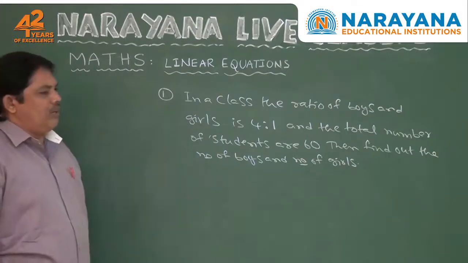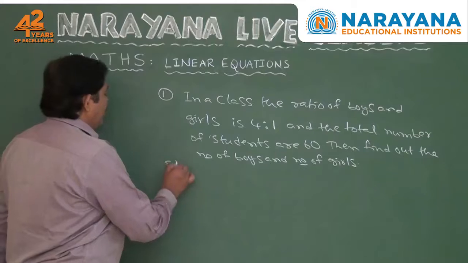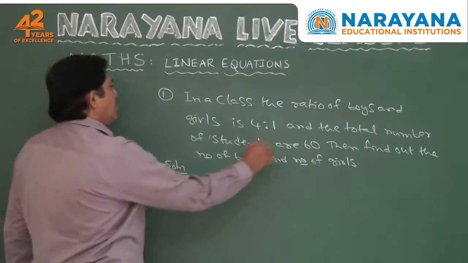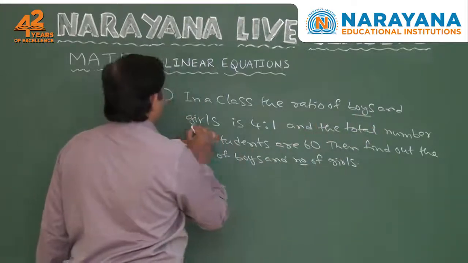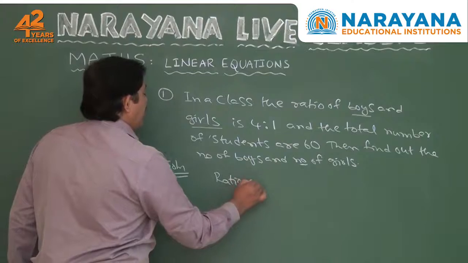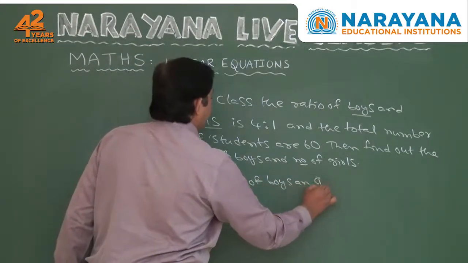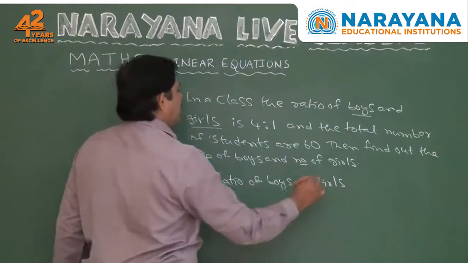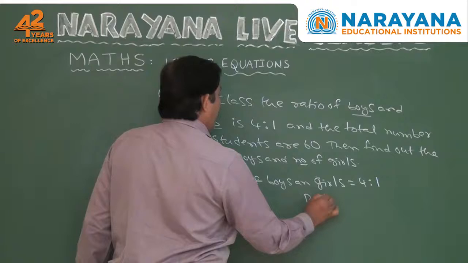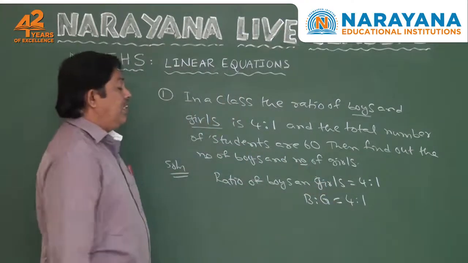So how to solve this word problem? First of all, what is given? That should be noted down first. Here the ratio of boys and girls is given. So note down: ratio of boys and girls equal to 4:1, that is B:G. B represents boys and G represents girls.